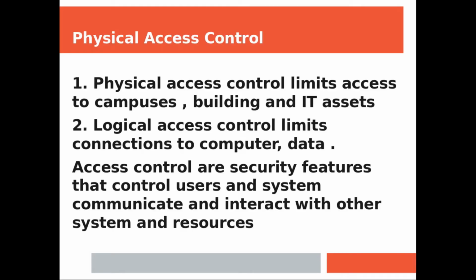Since we have batch-wise students, it is possible that only 20 to 25 students will sit in the lab. But if there are more than 50 students, then the server may go down, because the limit of connections to the computer is only 50. Access controls are security features that control how users and systems communicate and interact with other systems and resources.